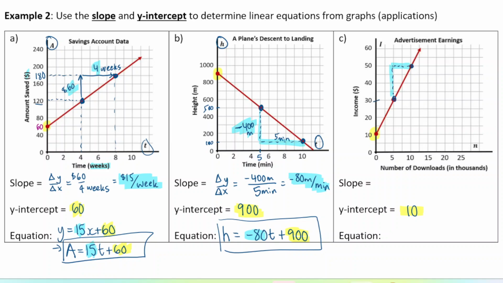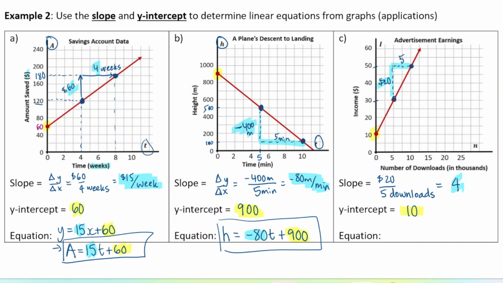And it looks like I've gone from 30 to 50, so $20 as my change in y, and my change in x is from 5 to 10, so 5. So every time I go up by $20, it'll be 5 downloads, or 5,000 downloads, so 4 would be my slope.